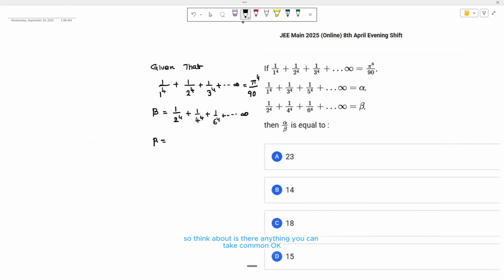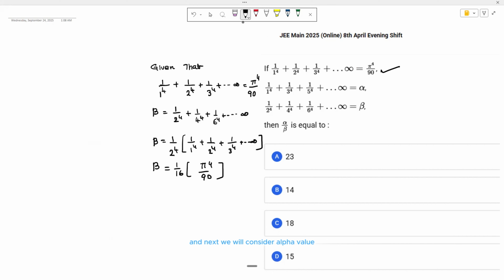Think about whether there is anything you can take common. 1/2^4 you can take as a common factor. Then you can write 1/1^4 + 1/2^4 + 1/3^4 and so on to infinity. So beta is equal to 1/2^4, which is 1/16, times this value we know, π^4/90.